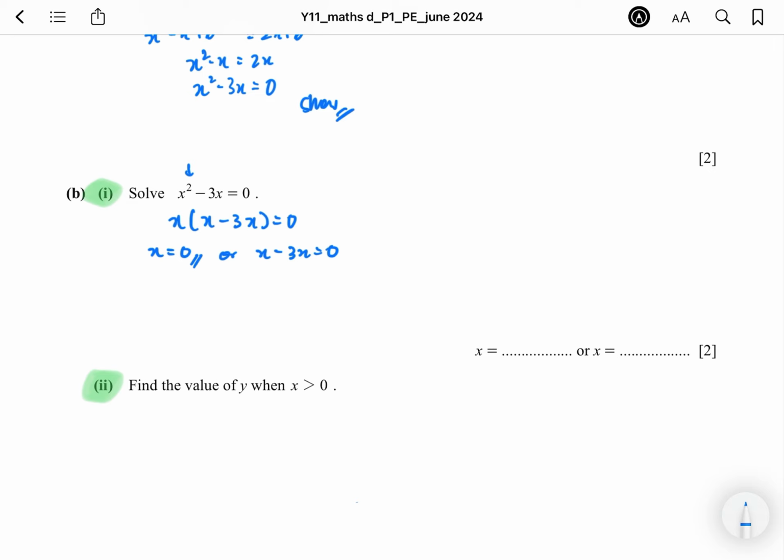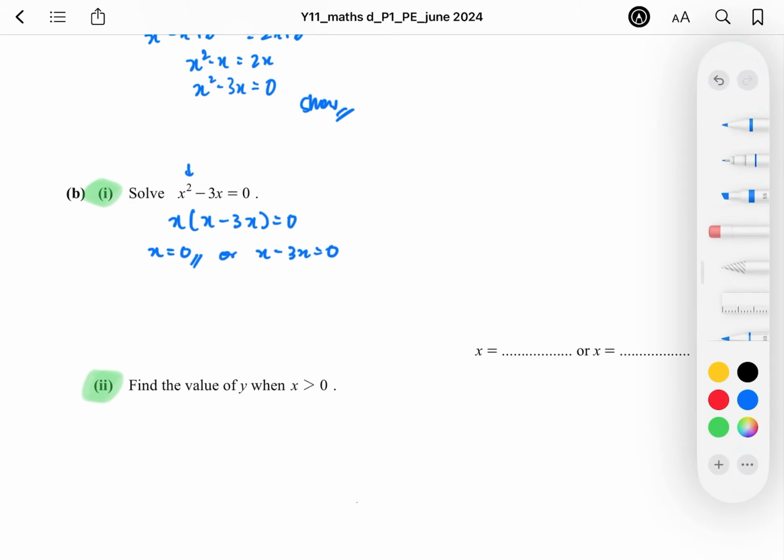Sorry, it should be x minus 3, because we already took out x as the common factor. Add 3 to both sides and x equals 3. So you have it, x equals 0 and x equals 3.